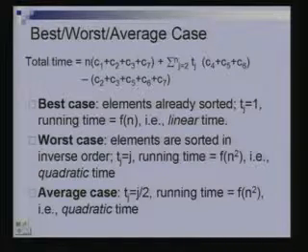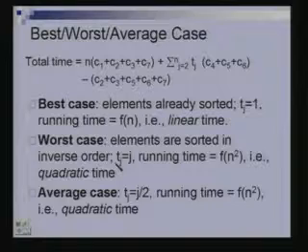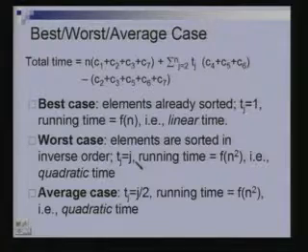So what am I going to do? I am going to compare it with the first element, the second element, the third element, all the way up to the very first element. So when I am trying to insert the jth element, I am actually going to end up comparing it with all the other j elements in the array. And so in that case, T sub j will be equal to j.